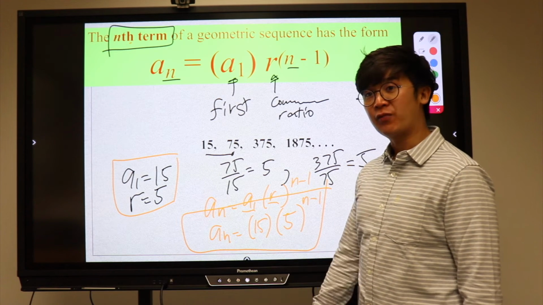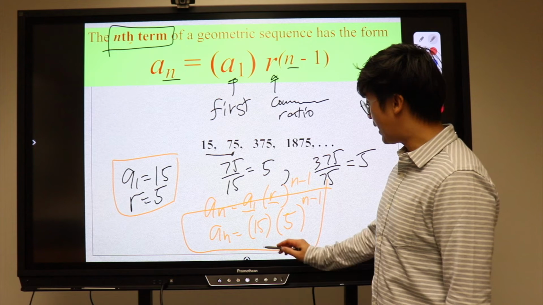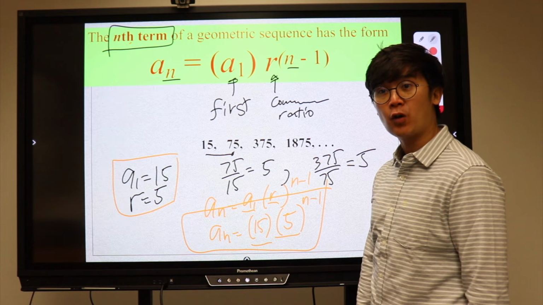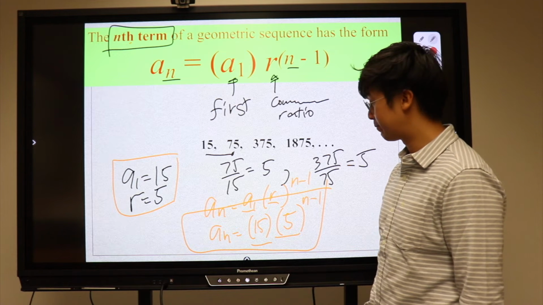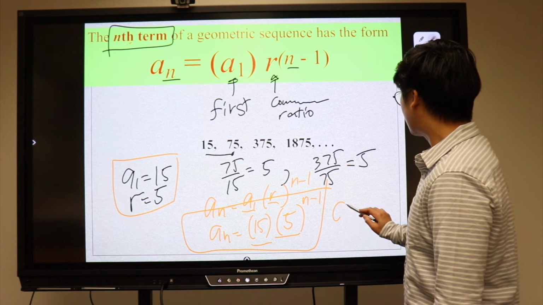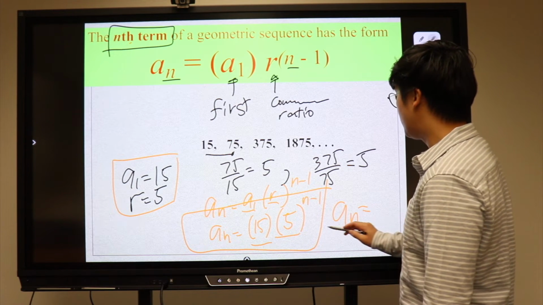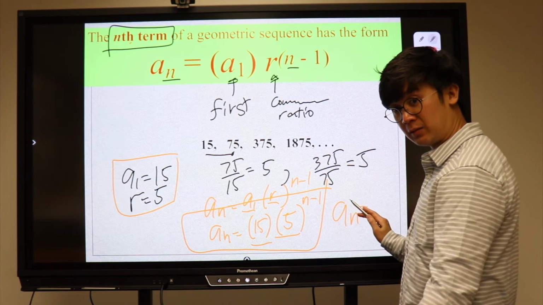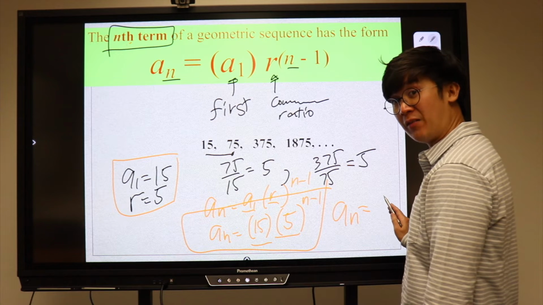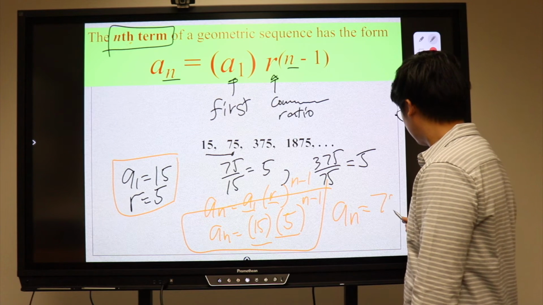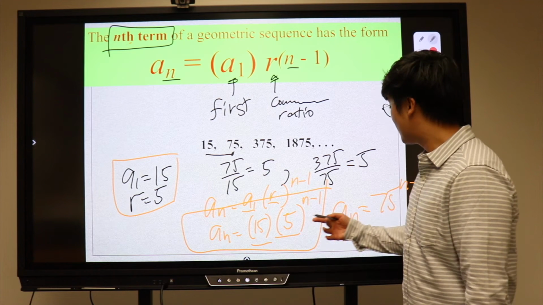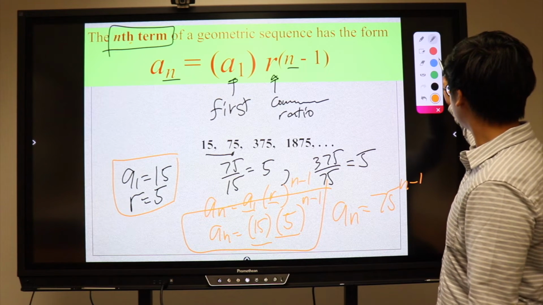can I simplify this further? Can I multiply 15 and 5 so that I will have a simpler formula? So is a sub n equal to, what's 15 times 5? 75? Yes. So is this the same as this?